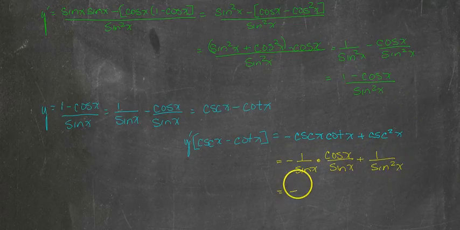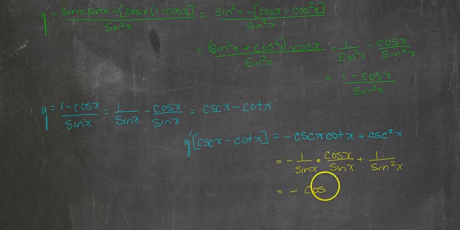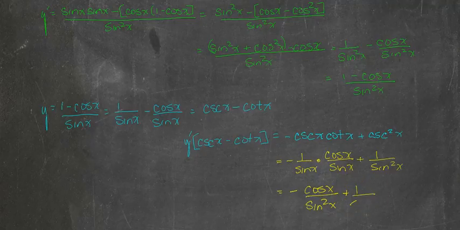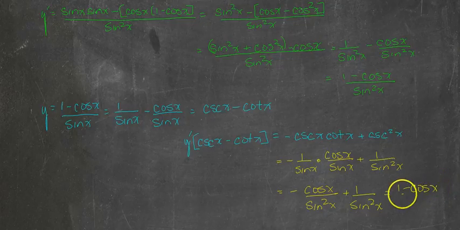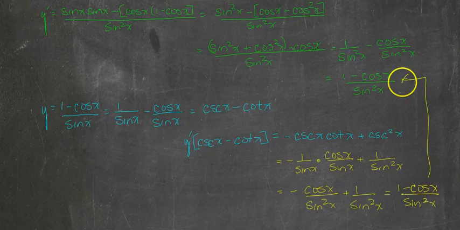So I have negative cos x over sine squared x plus 1 over sine squared x. I have the same denominator, so all I'm going to do is put them together, and I'm going to reverse so that I get the 1 minus cos x in the numerator over sine squared of x. I clearly have exactly the same answer as my neighbor.